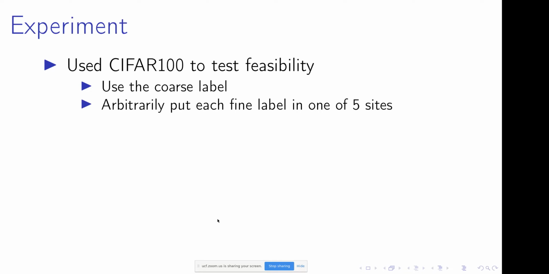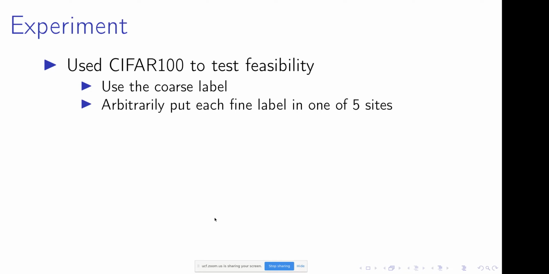But overall, each site will have samples coming from these 20 coarse labels, right? Yes. And because you distribute the fine labels differently, maybe this site will only have cars, boys, but the other site will have a truck, woman, right? So in a way, you make it like there's some domain gap, right?